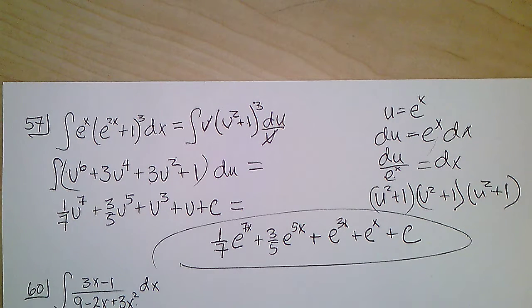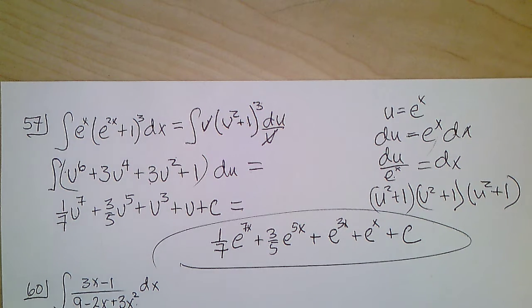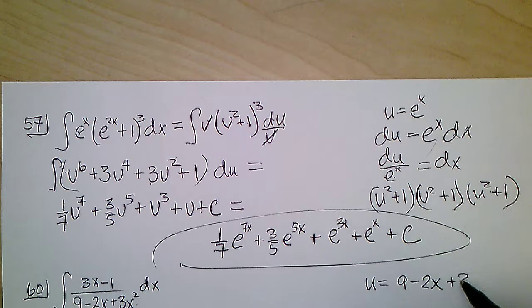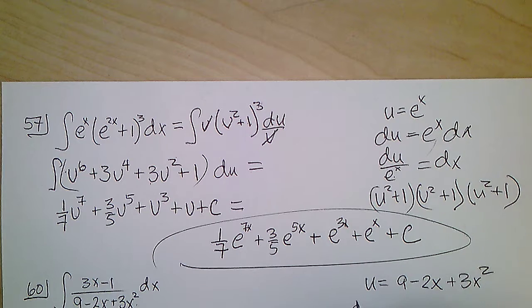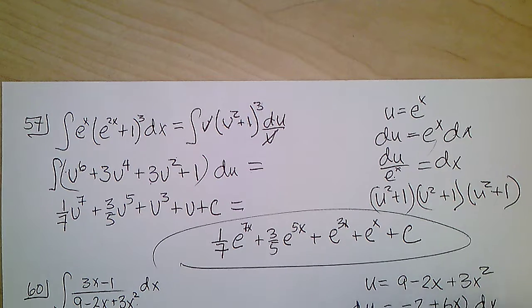This one, I think the derivative of that is going to be a 3x minus 1. So I'm just going to let u equal 9 minus 2x plus 3x squared. Du is minus 2 plus 6x dx.